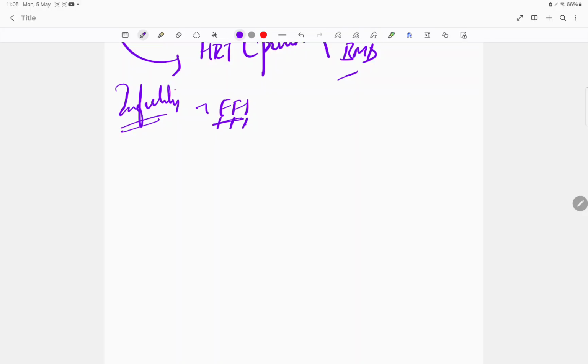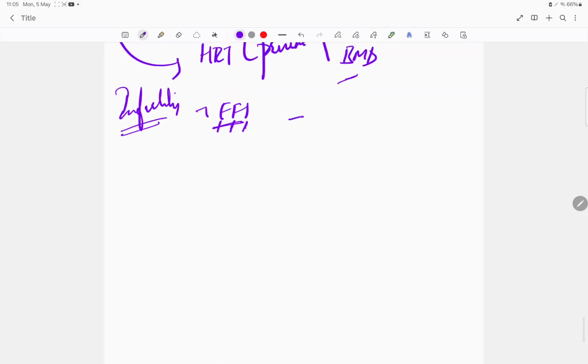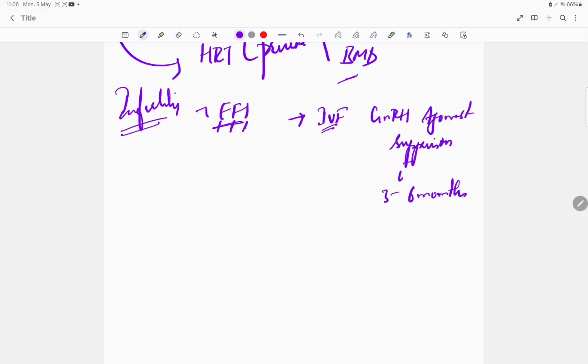In such people, you have to do IVF, in vitro fertilization. In this, GnRH agonist suppression is done with add-back for 3 to 6 months before IVF. Before IVF, this is the important thing.